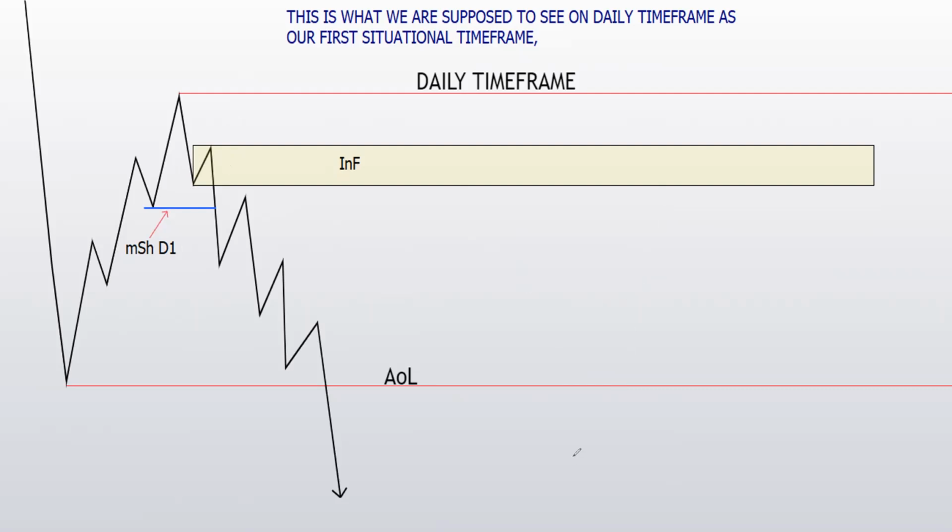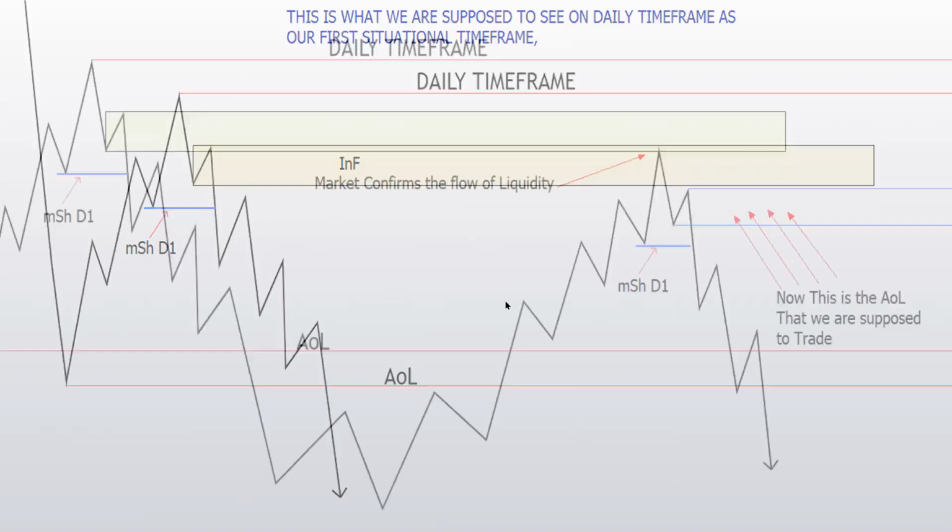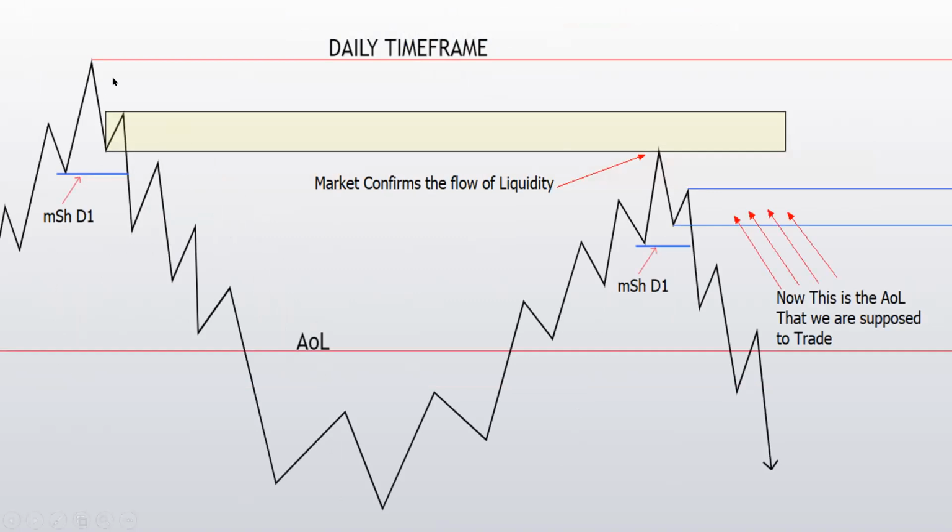But when the market comes and taps this area, it then has to perform the shift again on that specific time frame, that is daily time frame. So it has to be something like this. Let me show you. As you can see here, when we came from monthly to daily, we came to observe the shift that was happening on this exact point.